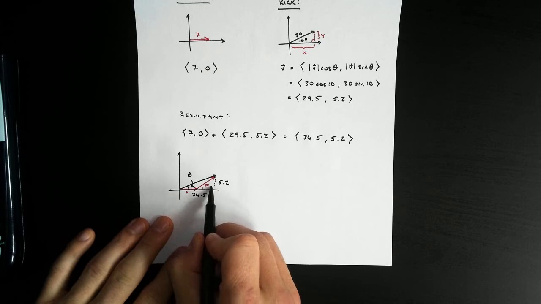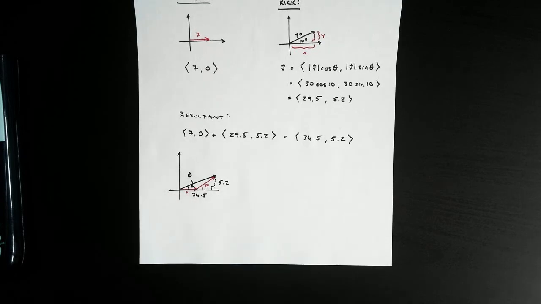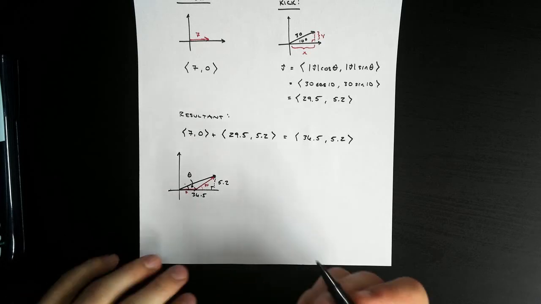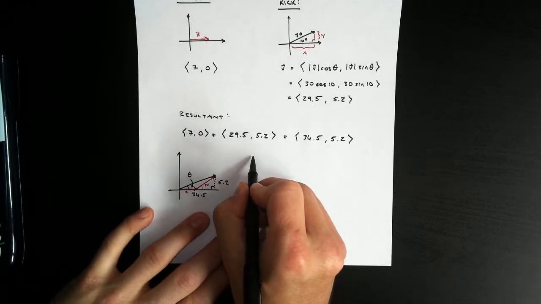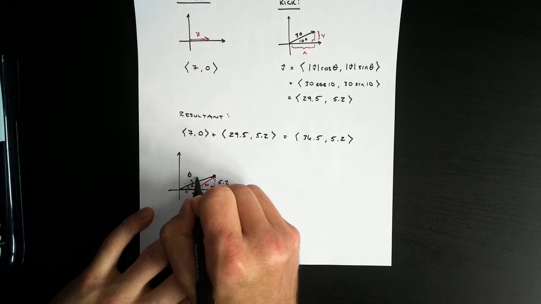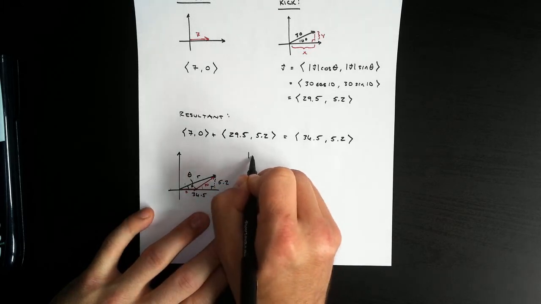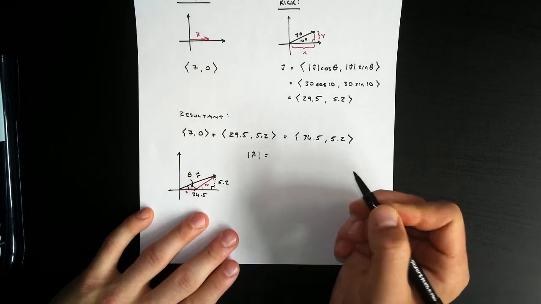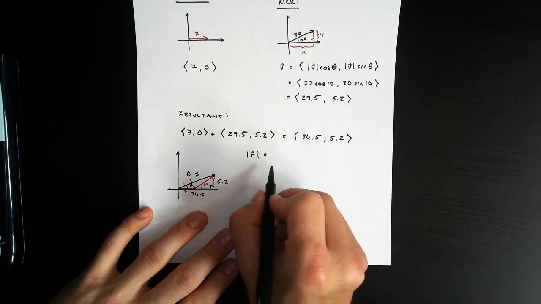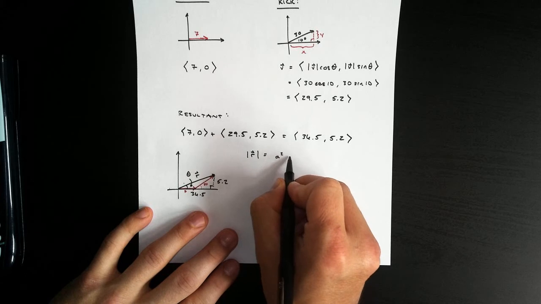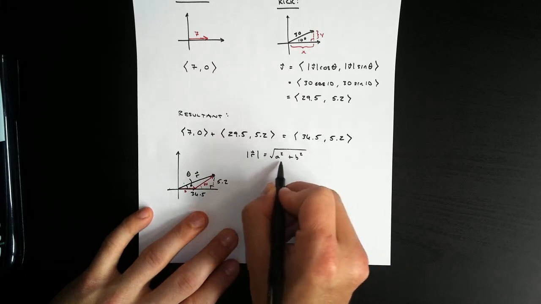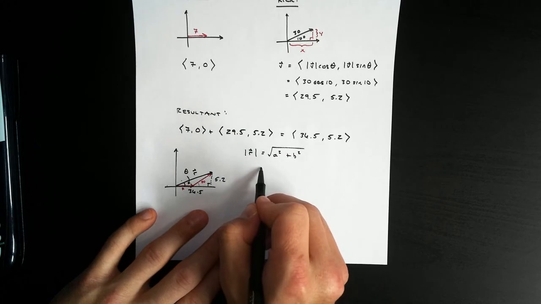As you can see, I have a little triangle here, so we have lots of tools we can use. We can use the Pythagorean theorem to find the length. We also defined the magnitude, so I'm going to call this vector r. So the magnitude of vector r is basically the Pythagorean theorem, the square root of a squared plus b squared, which are our horizontal and vertical components.